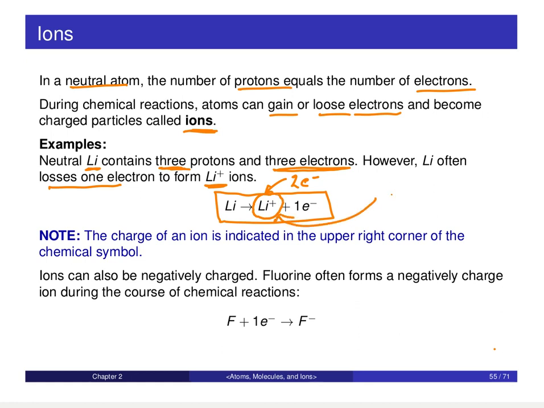This is our ion, and how we denote these ions is very important. We use the upper right corner of the chemical symbol to denote the charge of an atom. So if I just write lithium like this, because there's nothing listed up in that upper right corner, we are going to assume that I mean neutral lithium with 3 protons, 3 electrons.